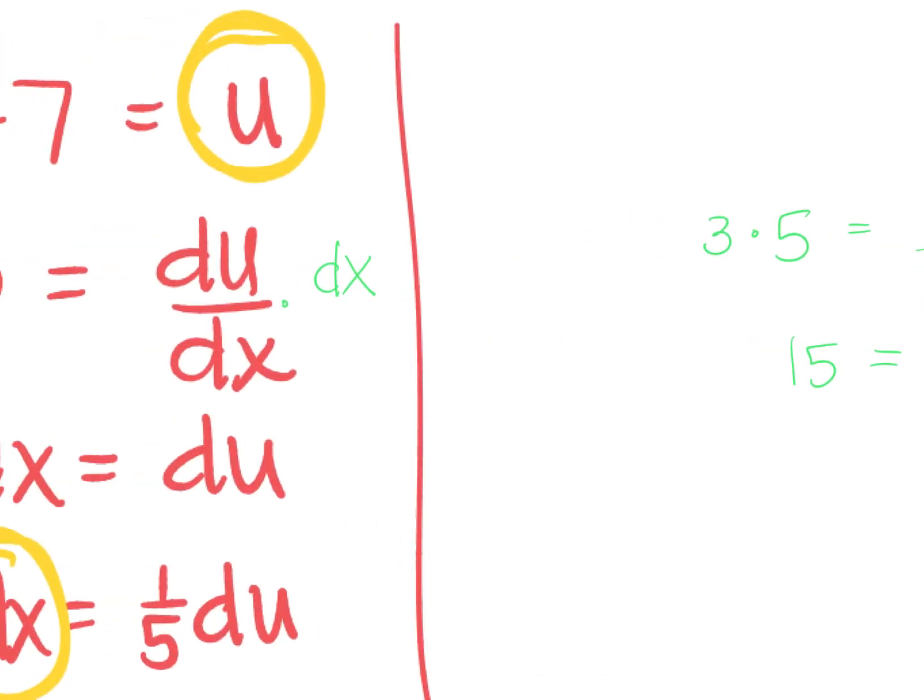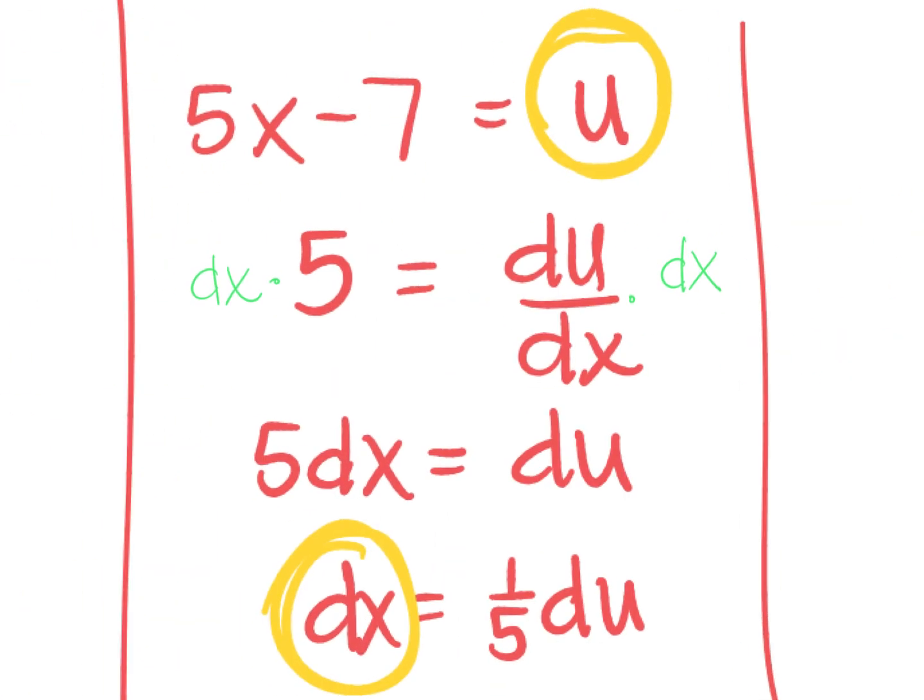If you had 5 equals x over 3 and you wanted to solve for x, you would multiply by the denominator, and then x is equal to 15. So in the same way we're doing with the dx, we are multiplying by the denominator, or clearing the denominator. That's another way they'll say.